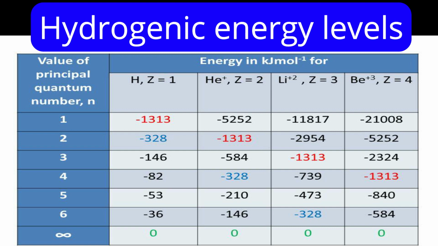In a similar way, can you guess what it will be for boron plus 4? 10th shell. Yes. See, here also you are finding one kind of rhythm, one kind of arrangement, one kind of similarity. For hydrogen, where atomic number is 1, second shell. Helium, atomic number 2, fourth shell. Lithium plus 2, sixth shell. Beryllium plus 3, atomic number 4, eighth shell.